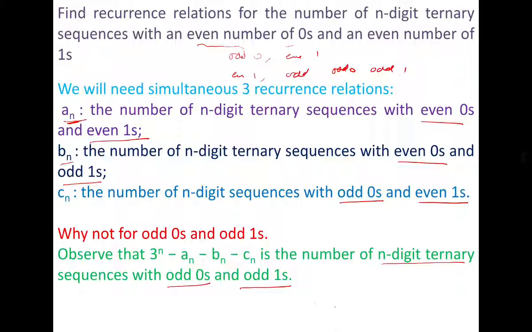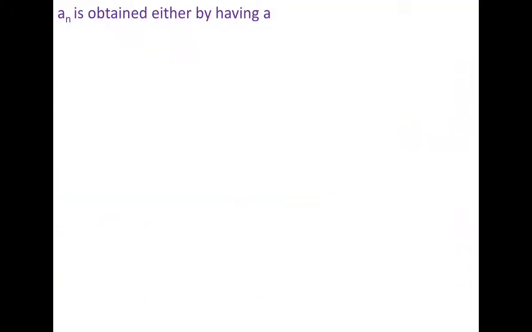Now let's say that I want to find a_n first. So what are the possible choices? It starts with 1, or it starts with 0, or it starts with 2. When it starts with 2, then you choose a(n-1) ways, with an even number of zeros and an even number of ones.